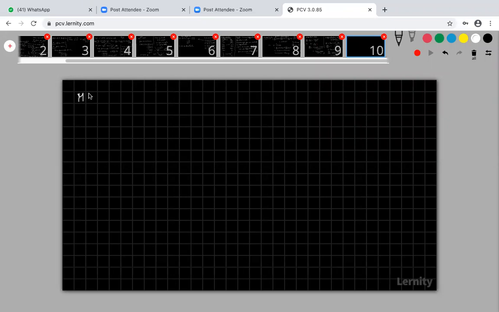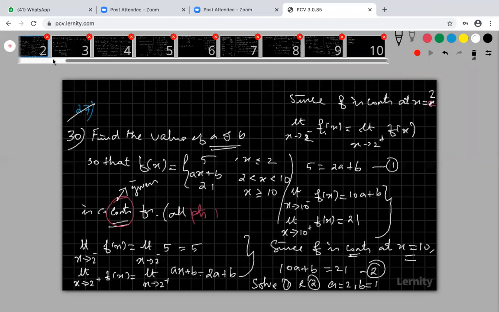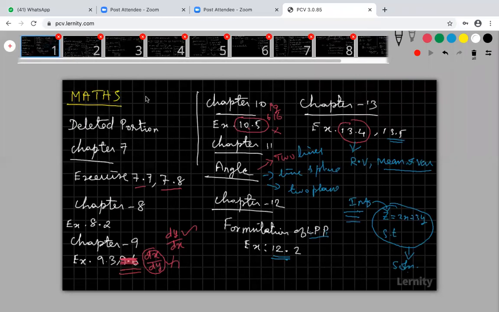So, in our previous class, we discussed the continuity problem, and we'll discuss the deleted portion also. In chapter number 7, look at the deleted portion.